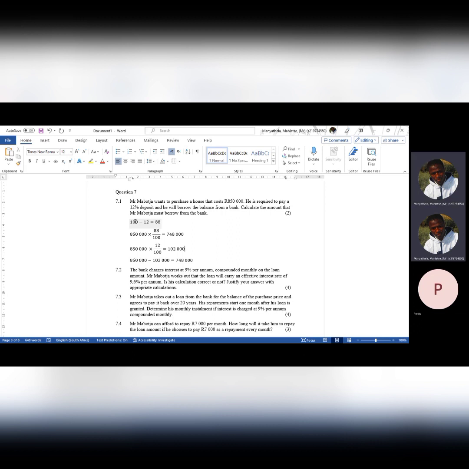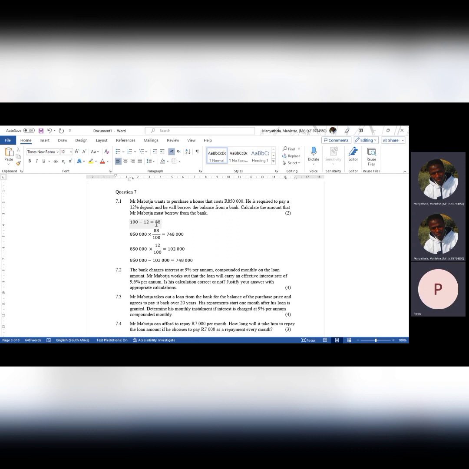Just like when they give you a discount, you subtract the discount percentage from 100%, because they always increase or decrease from 100%. Okay. So if it's increased, you add that increase amount. Yes. Okay.